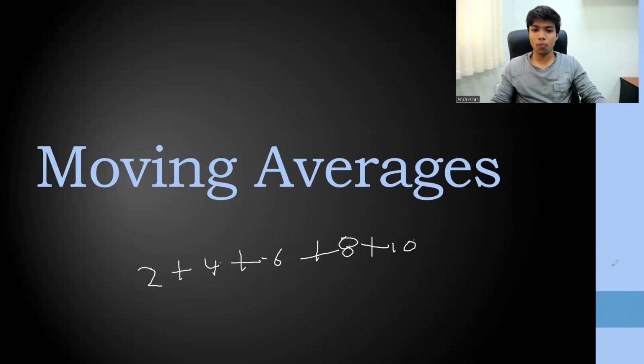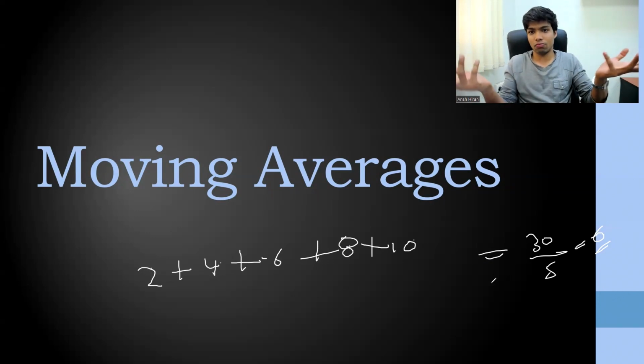There are five outcomes. So 30 divided by 5 makes the average of all these numbers 6. Correct? That's very basic, very easy. Average means the average value, like you divide.